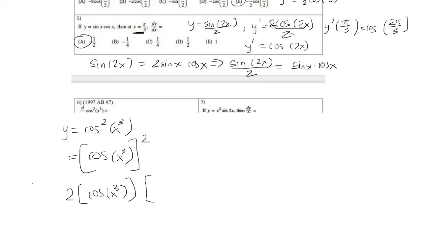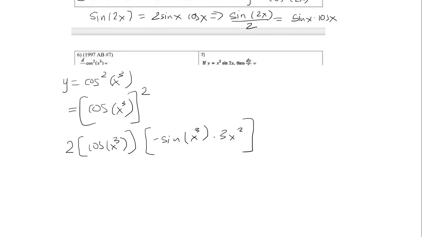For the derivative of cosine of x cubed, you have to use the chain rule again. So you first start off with the derivative of cosine, which is negative sine. Keep the inside the same. And then take the derivative of x cubed, which will be 3x squared. So I can simplify this. I can use the double angle formula here if I want.